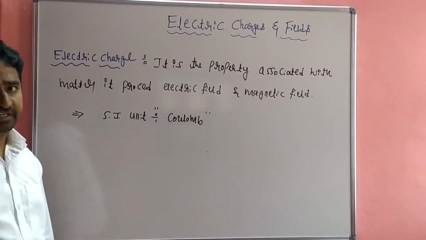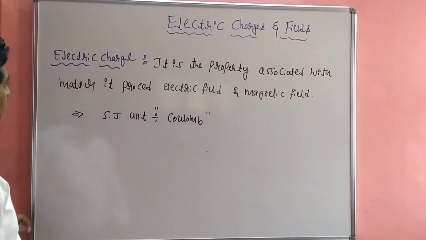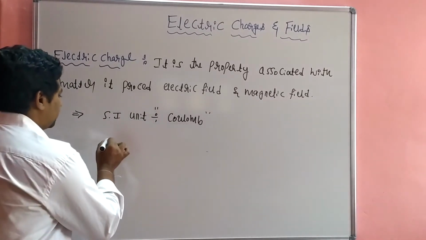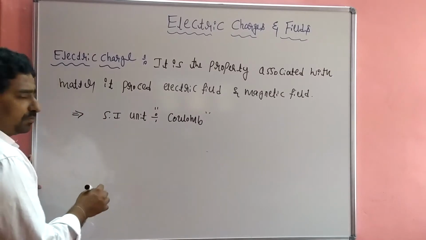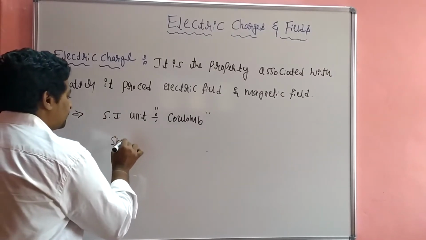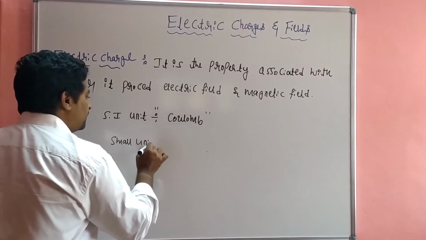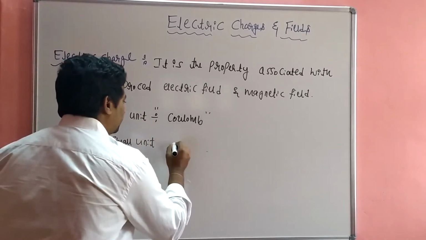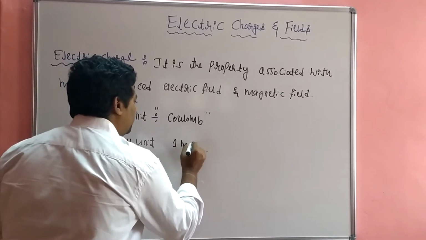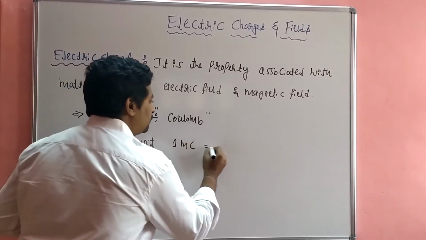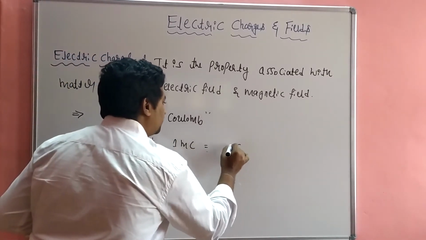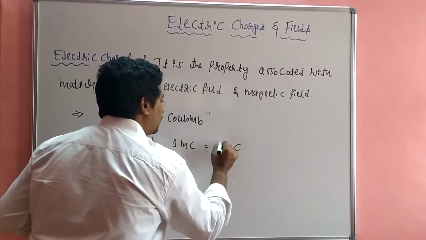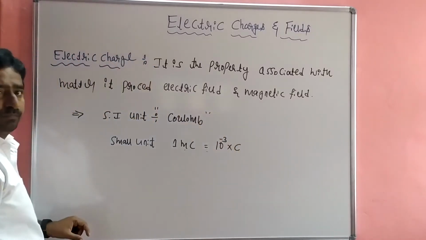There are also many smaller units and conversions. 1 millicoulomb, converted into coulomb, is multiplied by 10 to the power of minus 3.